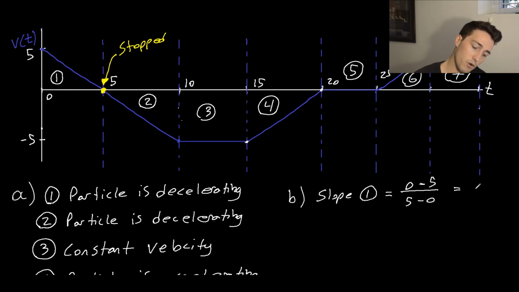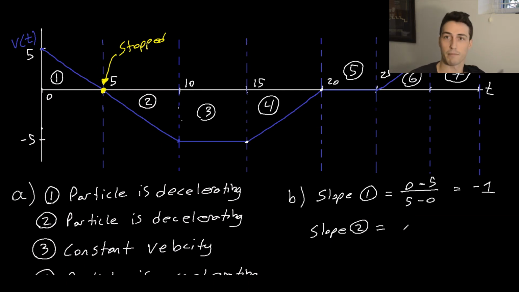So the slope is going to be 5 over 5, or 1. So that would be the slope for section 1. If we go to section 2, well, this line is actually the same. So the only thing that's changed is the time interval, but the slope is constant because it's the same line from section 1. So the slope in section 2 is just 1.